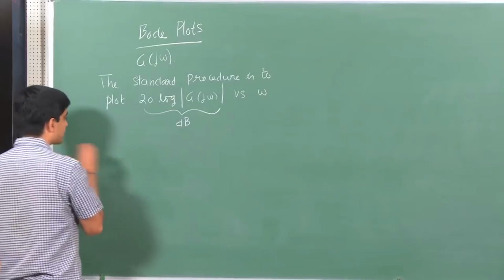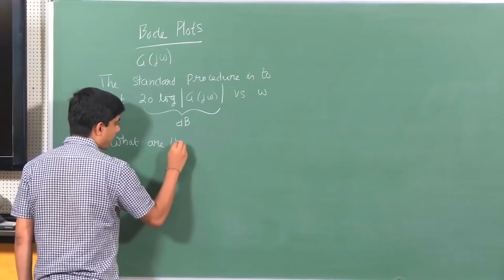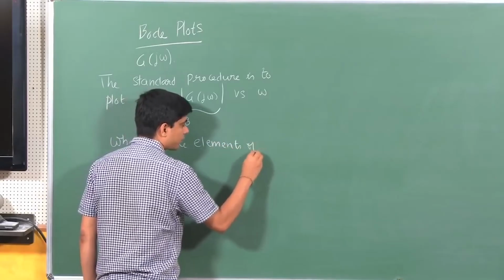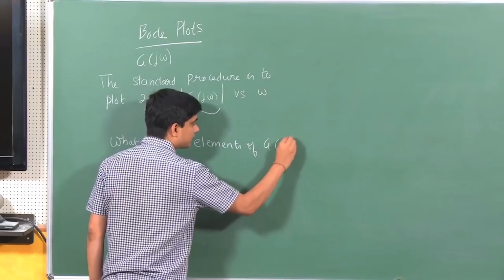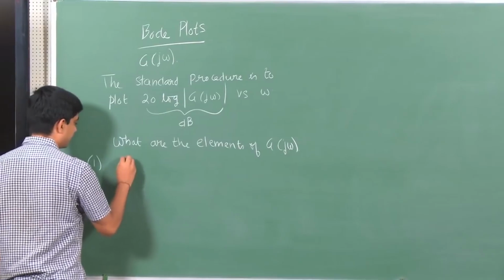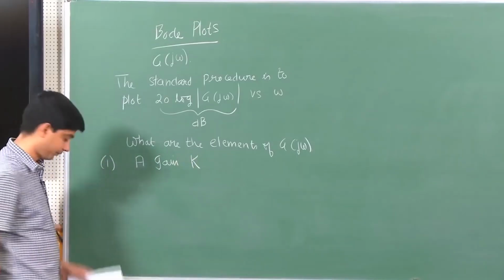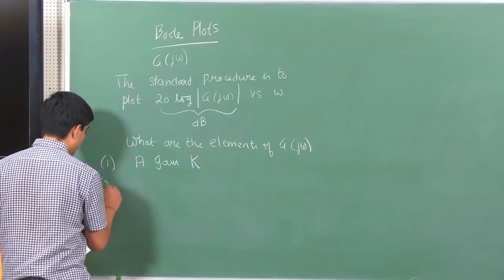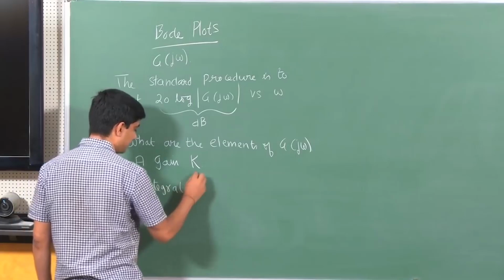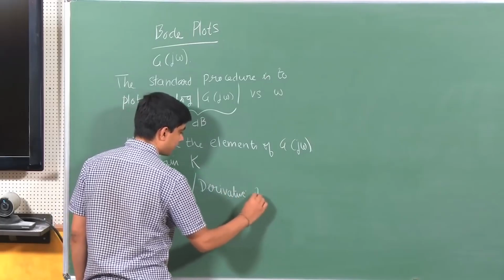Okay, now if I look at a transfer function of a sinusoidal transfer function G of j omega, what are the factors? First, there will be a gain K. Then there could be integral or derivative factors.